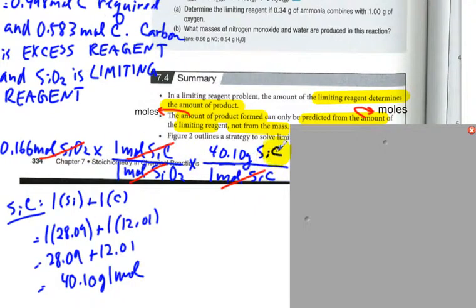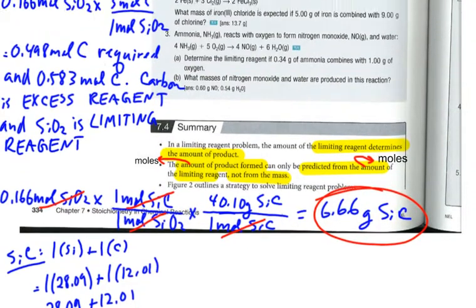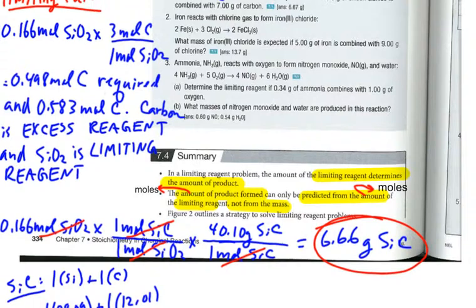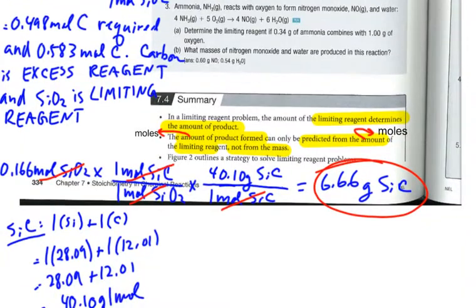And then my answer will be grams of silicon carbide, which is what I want. So 0.166 times 1 times 40.1 divided by 1 and 1, 6.66 grams of silicon carbide. I apologize, it turns out to be an evil number here, or the answer here is 6.67. I got 6.66, close enough.